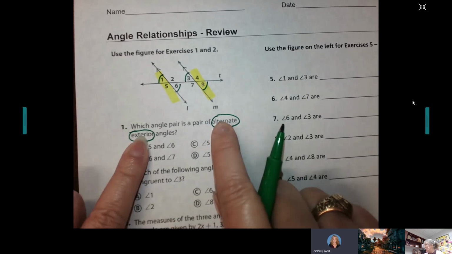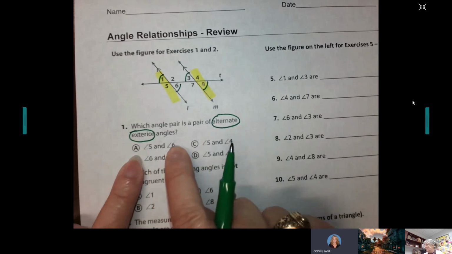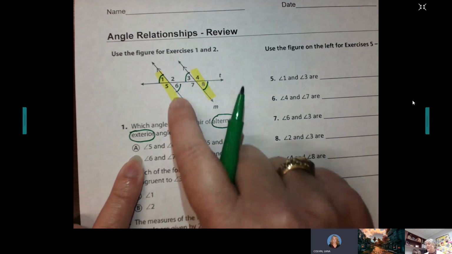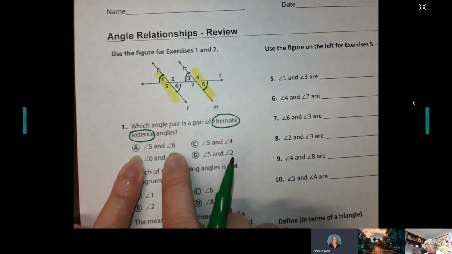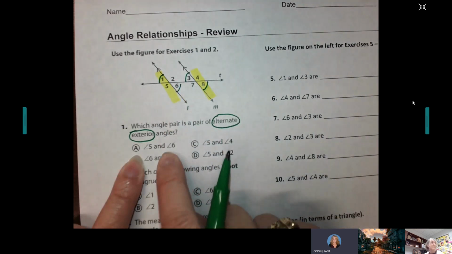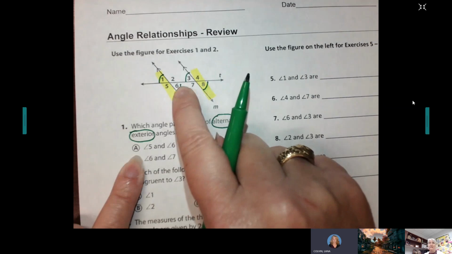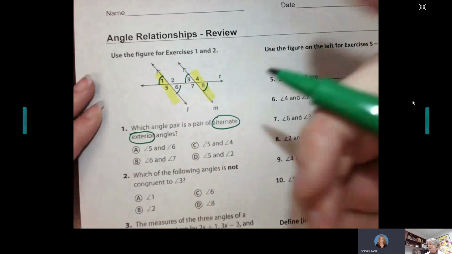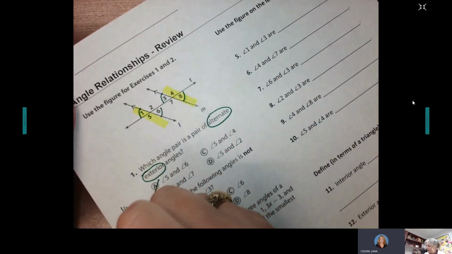I need alternate exterior, 5 and 6. Are 5 and 6 alternate exterior angles? No, because 6 isn't even exterior, is it? Okay, this is out. 5 and 6 are actually called a linear pair.